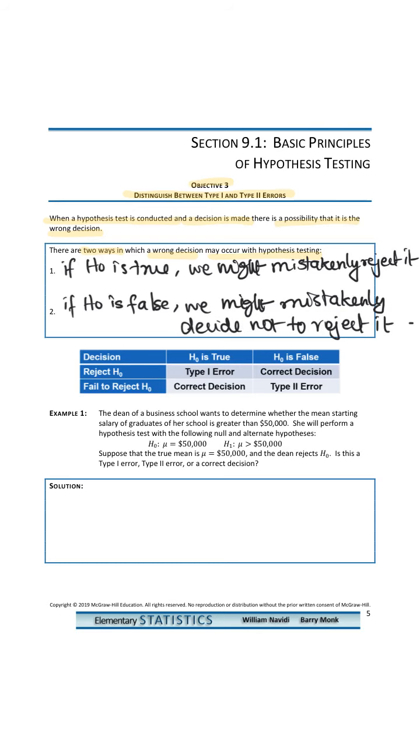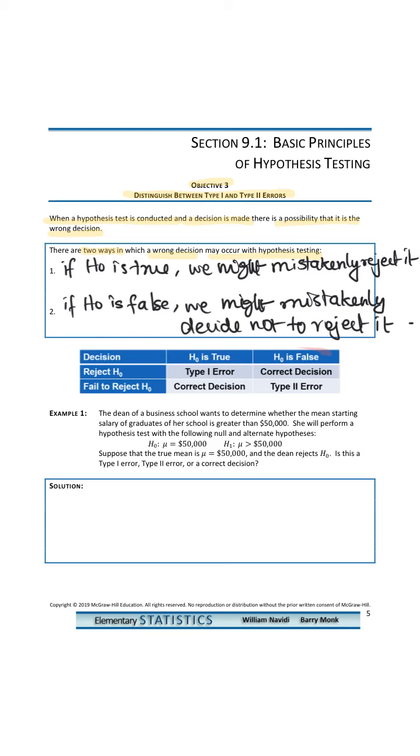The first one is known as the type 1 error and the second type is known as the type 2 error. So rejecting H0 when H0 is true is called the type 1 error. And failing to reject H0 when H0 is false is known as the type 2 error.